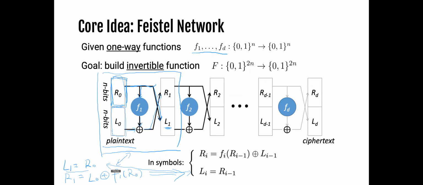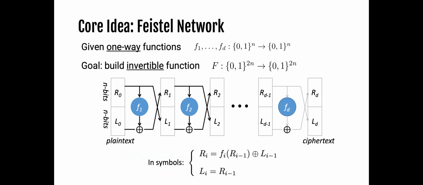We just use Li instead of L1, and Ri minus 1 instead of R0. This equation goes to the other equation where i is 1 and i minus 1 is 0. It's the same. I just generalized it using i instead of 1 and 0. Cool. Now I've cleared this up. You don't have to remember those. All you need to remember is this equation.